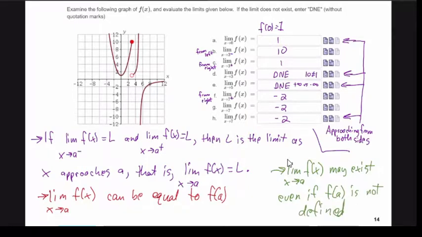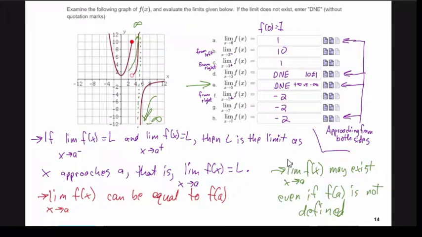And that's what we saw here with our asymptote, with our value of 5. So x equals 5. That value is not defined. It doesn't exist on our line, but I can still have limits as we approach that value. I can have one-sided values. As I approach from the left, I can have a value of positive infinity. As I approach from the right, it can have a value of negative infinity.